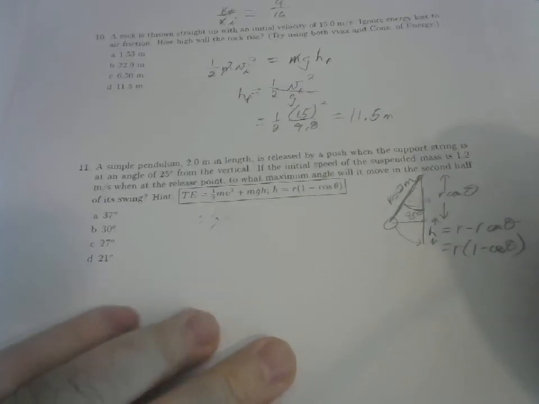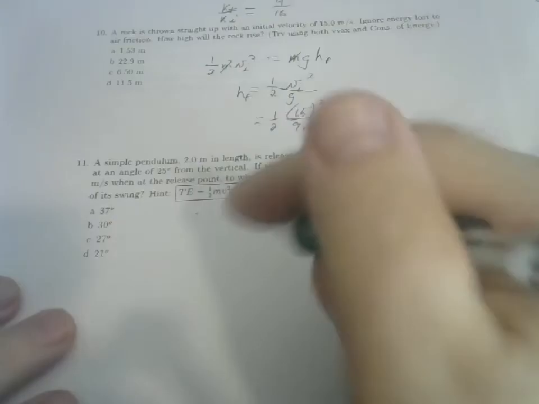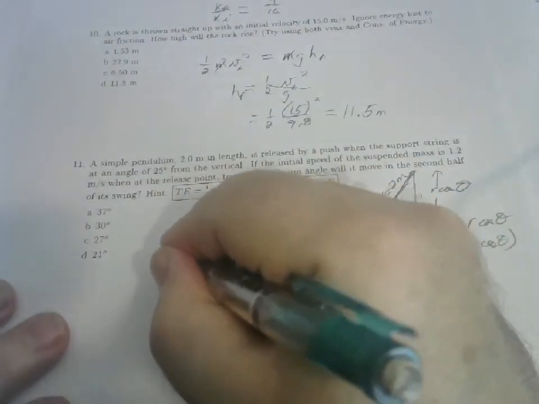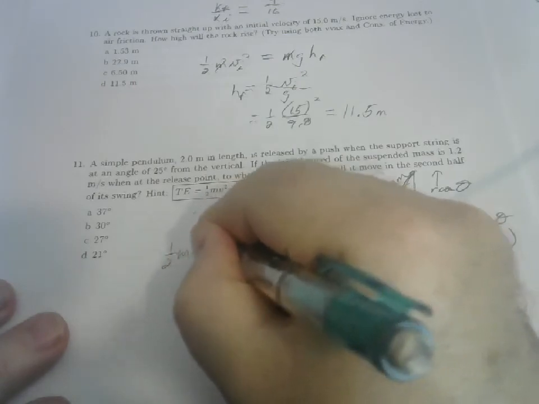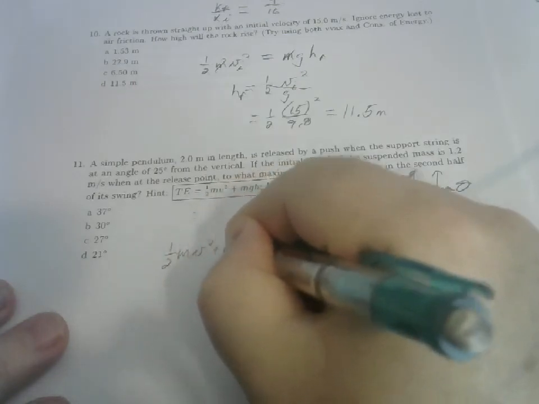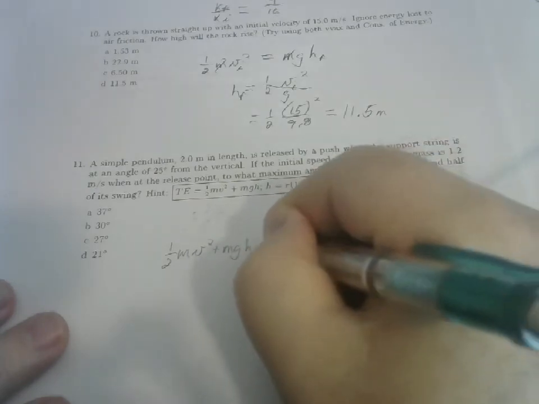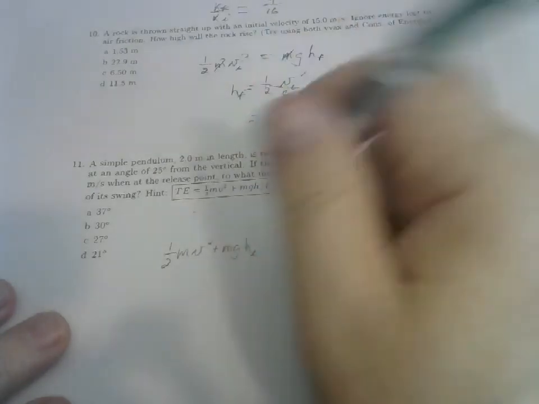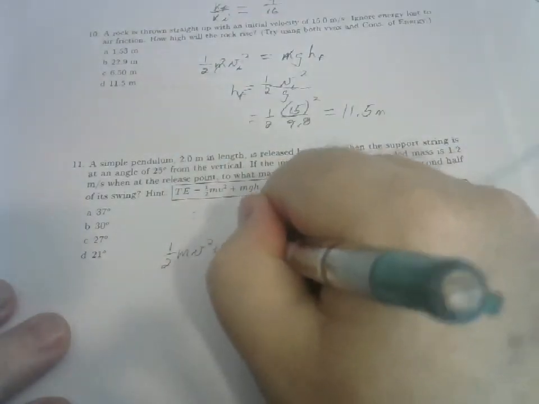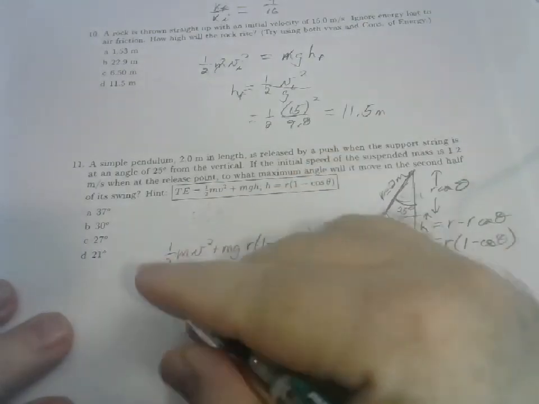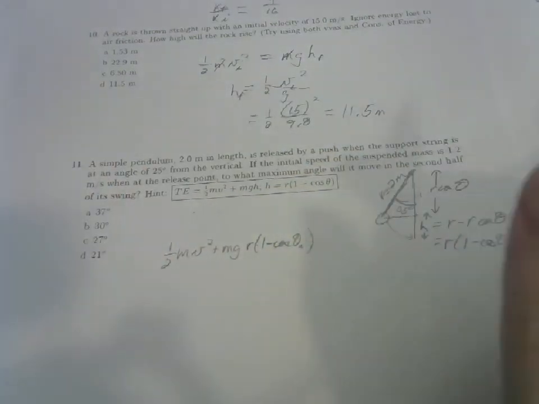So what we can do to solve this is that the total energy at the beginning, 1/2 mv squared plus mgh initial, or mg r times 1 minus cosine theta initial. All of this whole thing is just going to be a number.